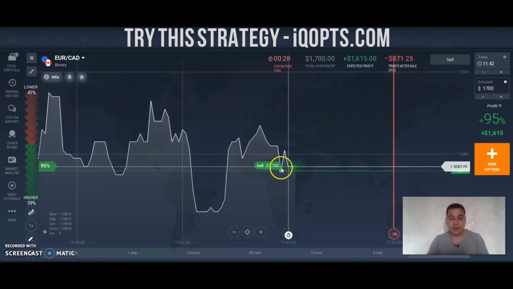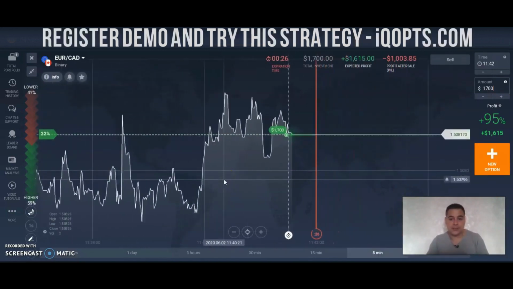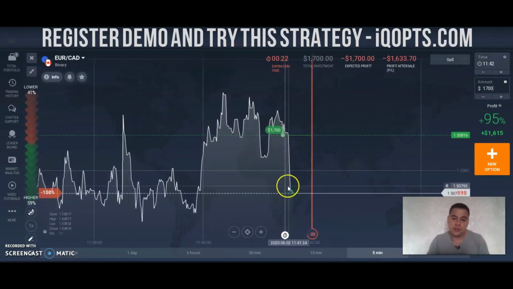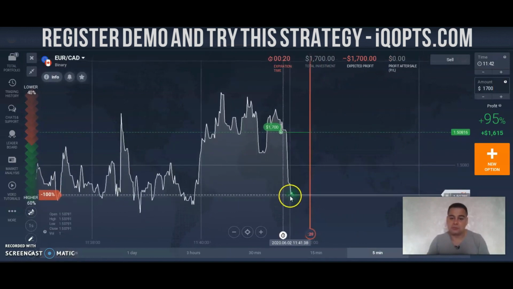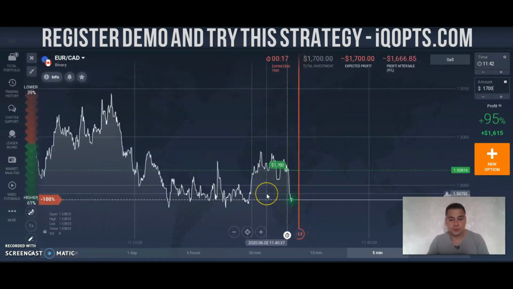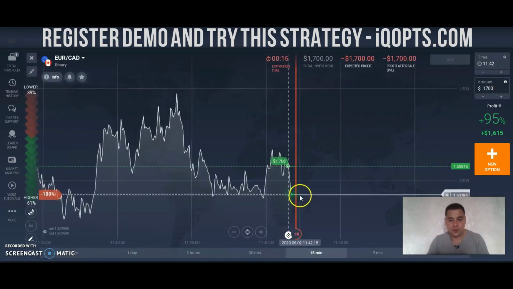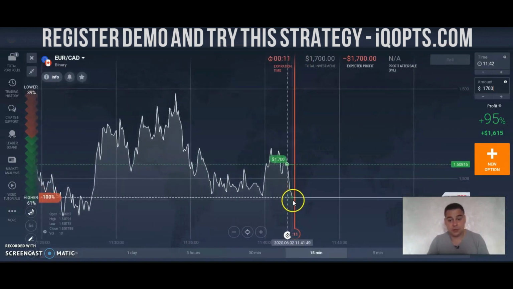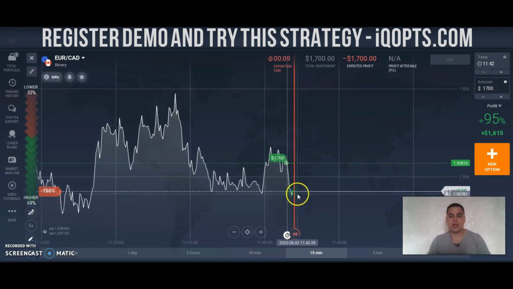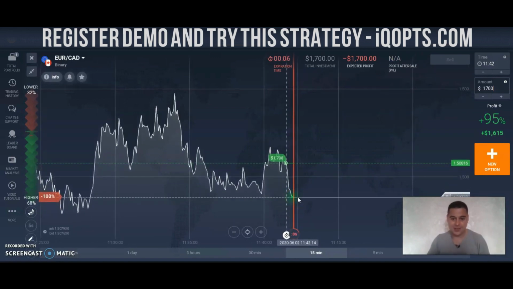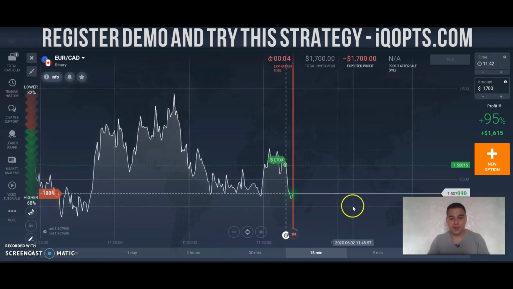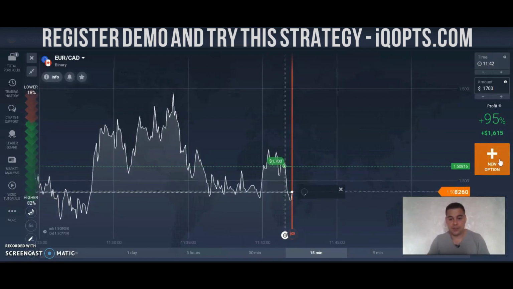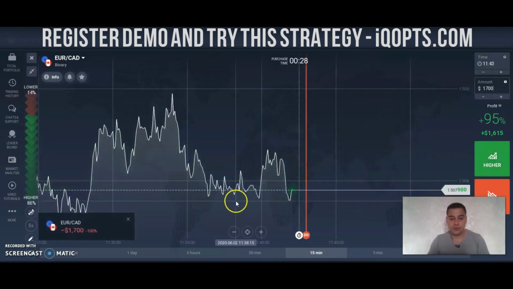This is the great situation when the price is going up and down all the time. This is the key, and as you can see, the price went to the bottom. There's not much chance that it will go up right now. That means that I've spent a little bit more money, but we'll see. Okay, minus again, new option.